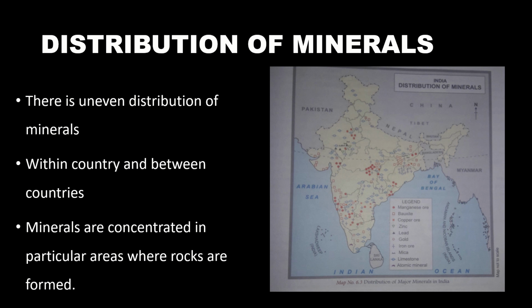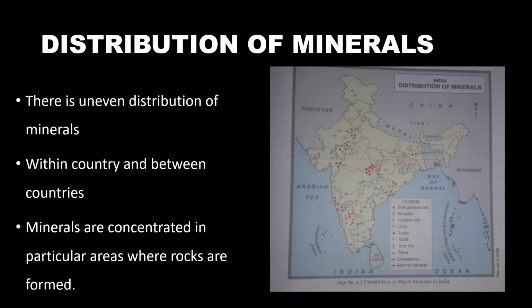Here is a map of India, and let us start with the reddish circle, which is manganese ore. Manganese ore is found in Maharashtra, Madhya Pradesh, Orissa, Karnataka, Andhra Pradesh, Chhattisgarh.